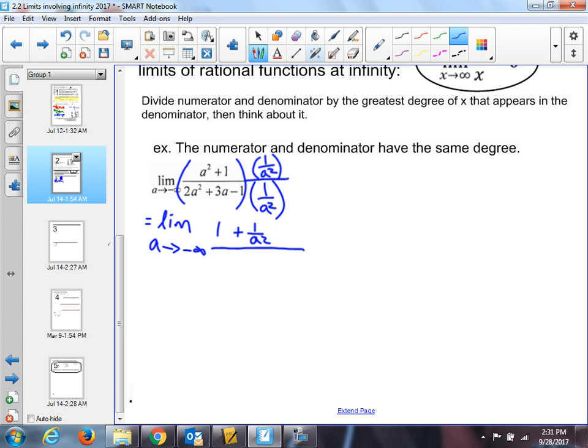On the denominator, 2x squared divided by x squared is just 2. 3x divided by x squared is 3 over x. Minus 1 times that expression, so 1 over x squared. I'm going to stop here. Is there a question? I'm not stopping because I'm done. I'm stopping just to see.